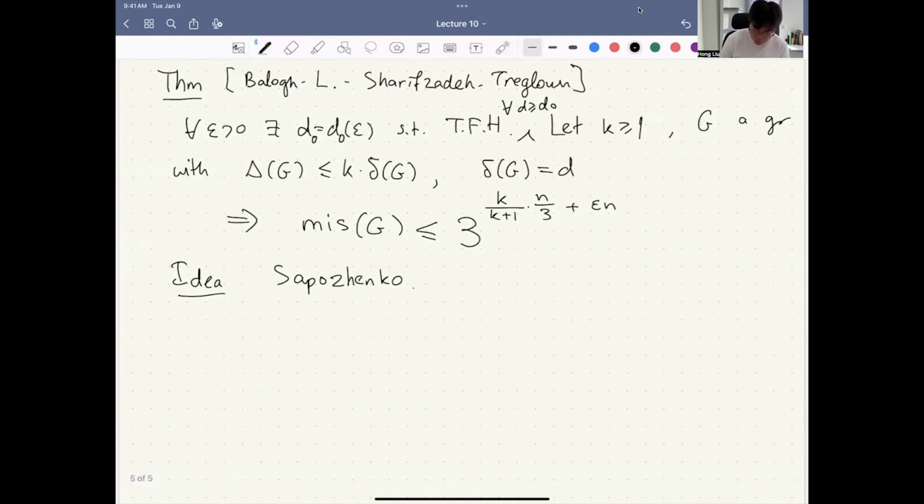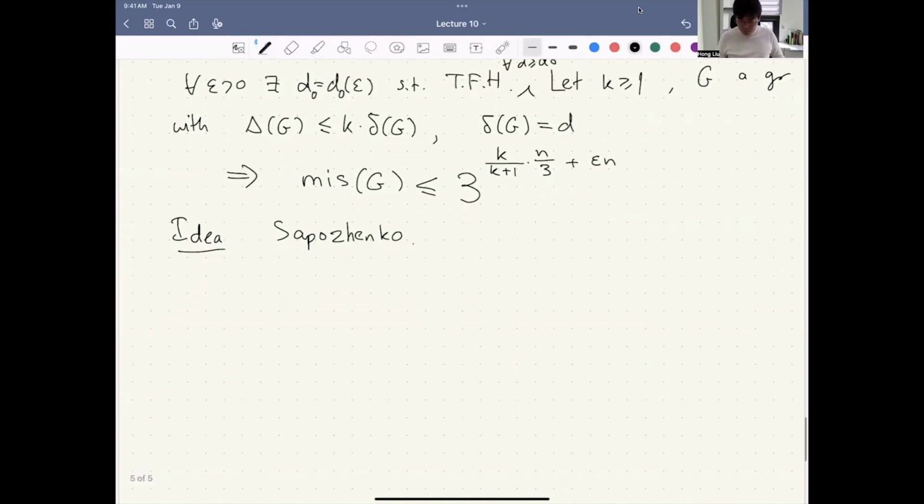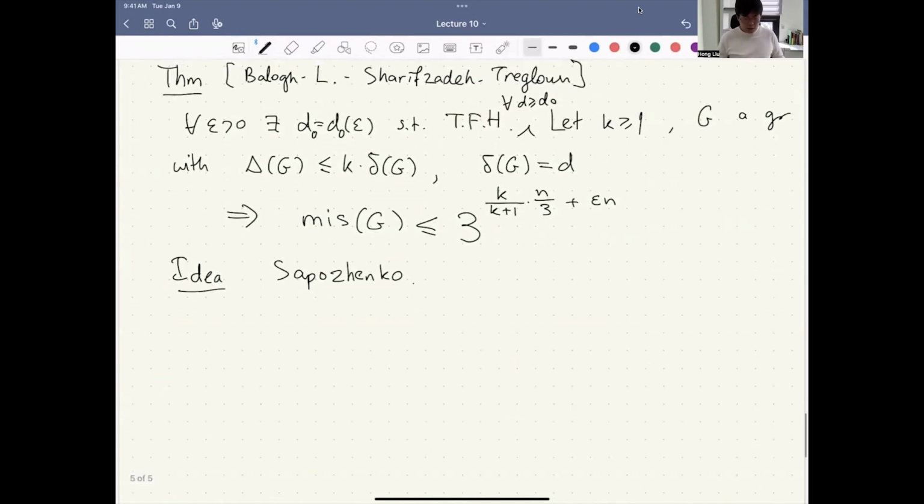Here's the proof. Maybe before saying the proof, I will say the sketch of the proof. So the idea is that we're gonna remove high degree vertices, fix.